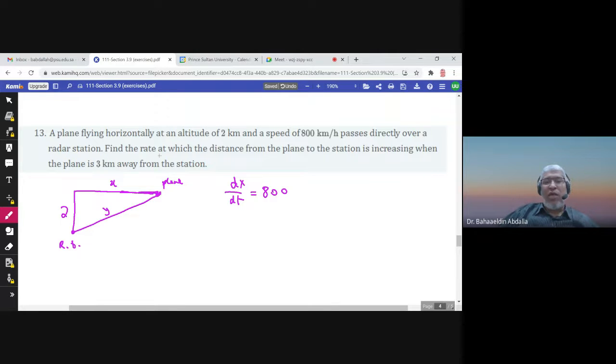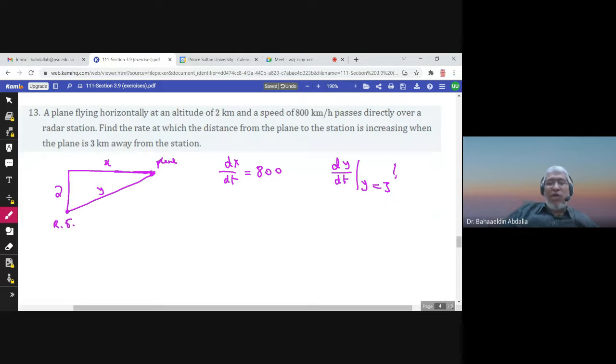So he wants the rate at which the distance changes. So he's asking about dy by dt is increasing when the plane is 3 kilometers from the station. So when y is 3, because y is the distance from the plane to the station.